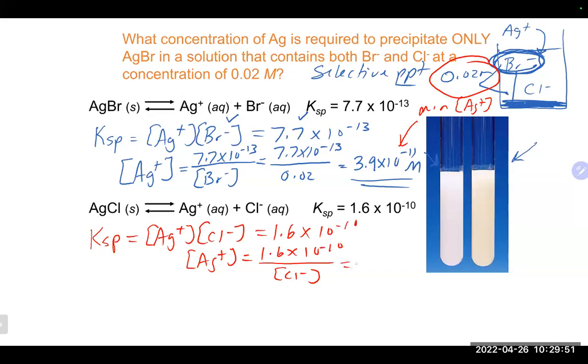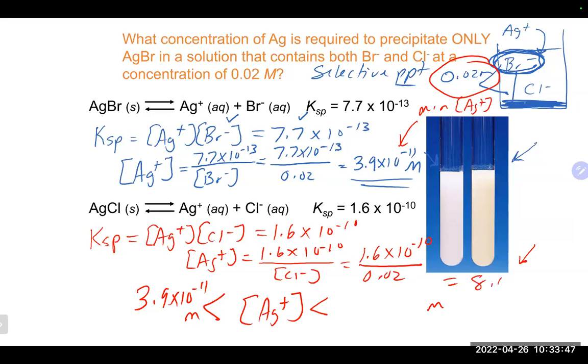So that would be 1.6 times 10 to the minus 10 divided by 0.02. This should be 8 times 10 to the minus 9. Good. Yes.